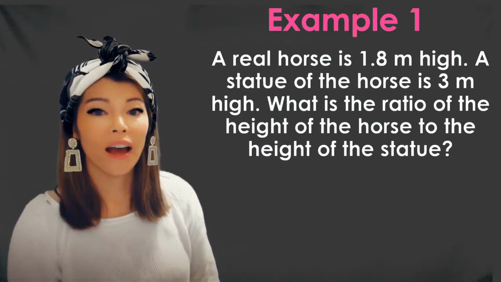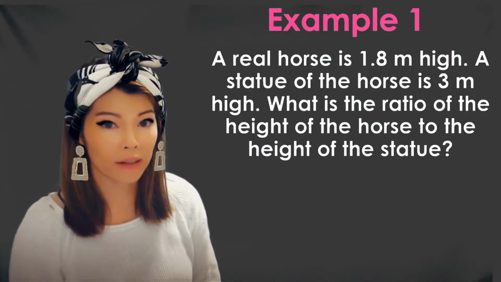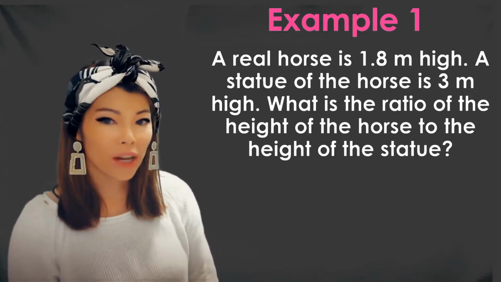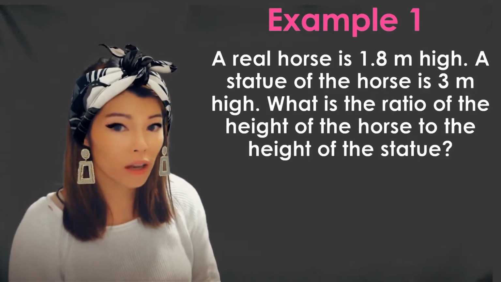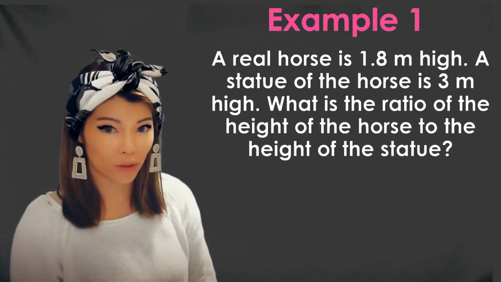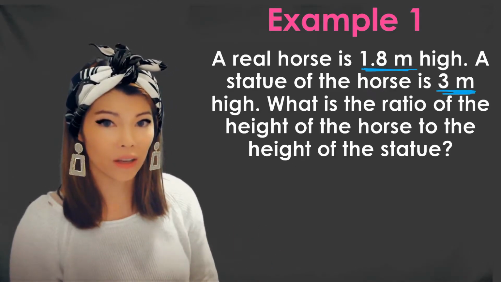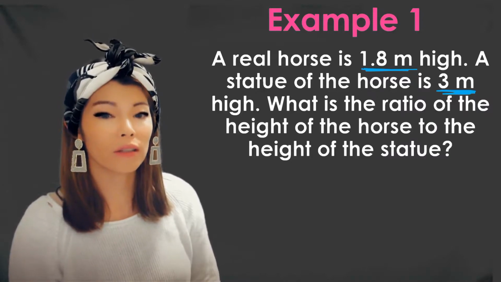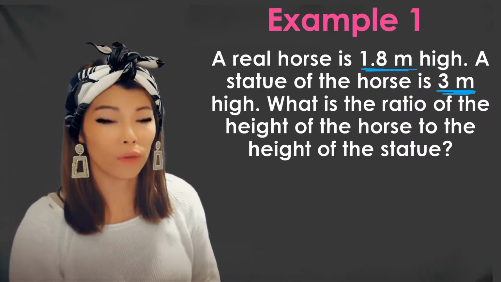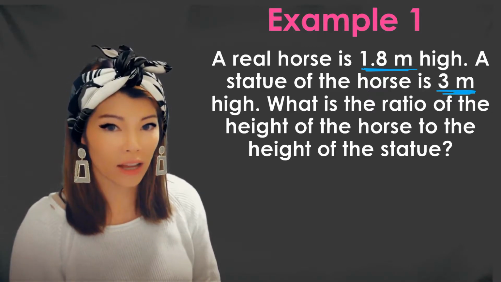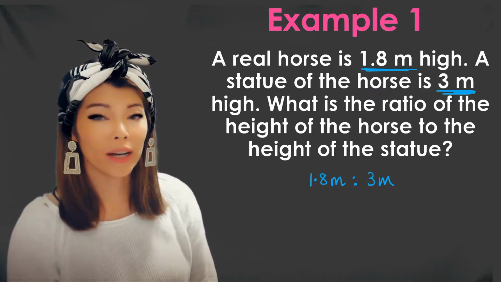Example 1. A real horse is 1.8 meters high. A statue of the horse is 3 meters high. What is the ratio of the height of the horse to the height of the statue? So we have 1.8 meters high as the height of the real horse and 3 meters high as the height of the statue. So we write 1.8 to 3.